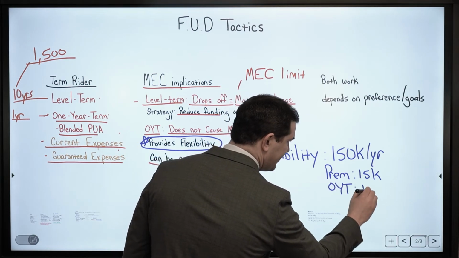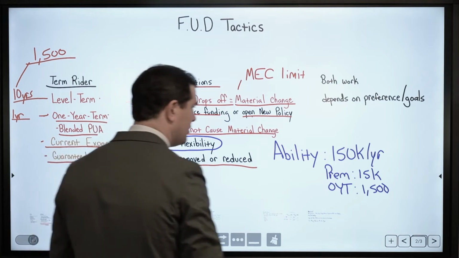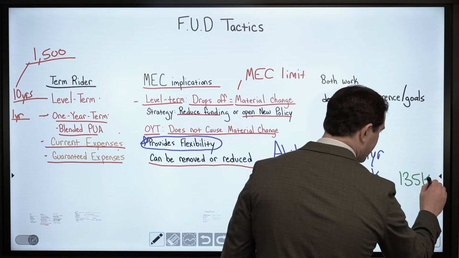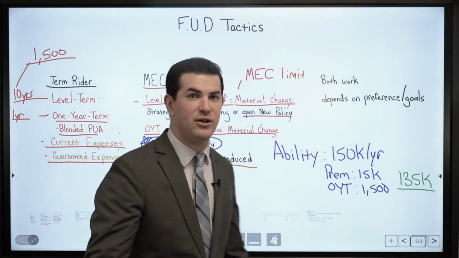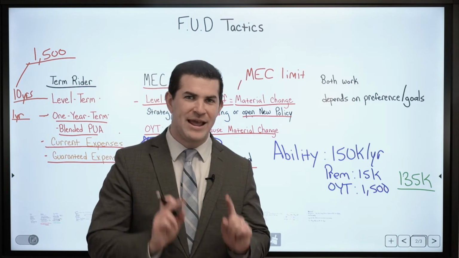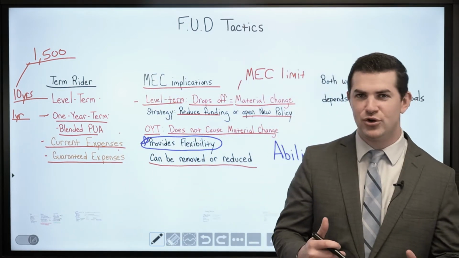That might be $1,500, whatever it comes out to. And then at my discretion, I can throw, I'm just going to round this off, another $135,000 into PUAs per year. Now, I can do that without any medical underwriting if I have that 1-year term insurance rider attached.